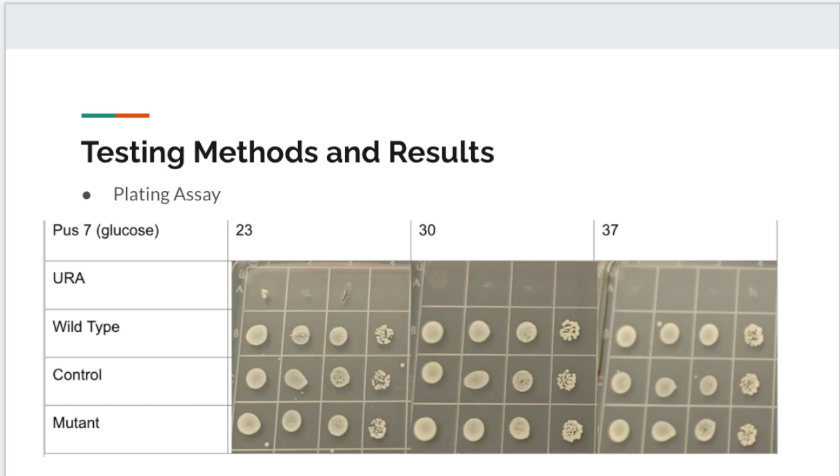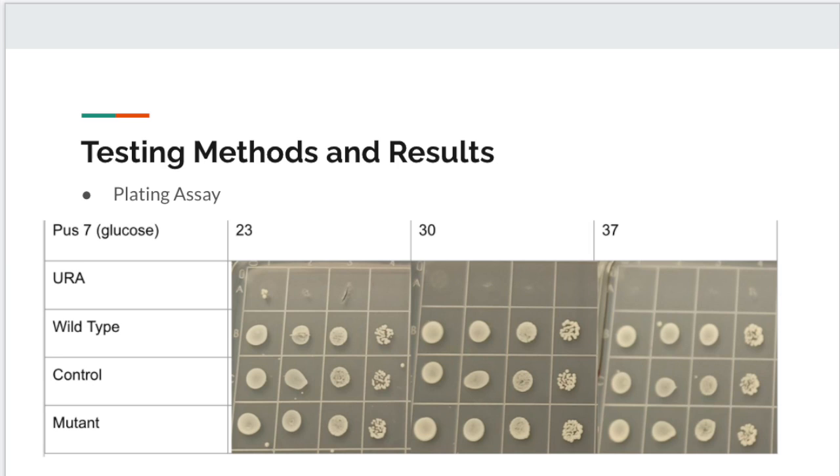And so what I did is I took my plasmids and I put it on a galactose agarose gel, and in galactose, Pus7 is able to be expressed. That's why I grew it in galactose.